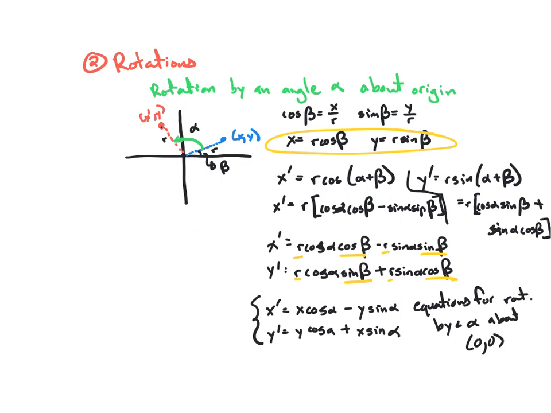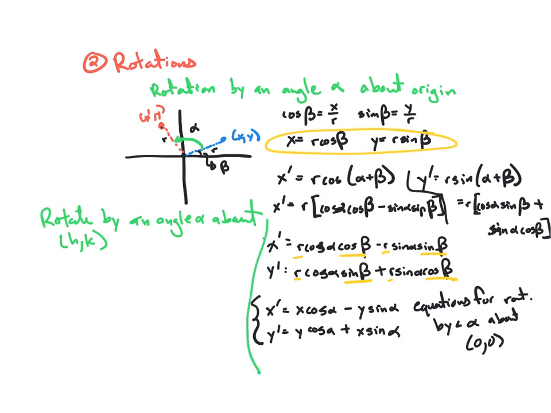So the question becomes, what if we have a rotation about a different point? If we want to rotate by an angle theta about a point other than the origin, let's say (h, k), how are we going to handle that?